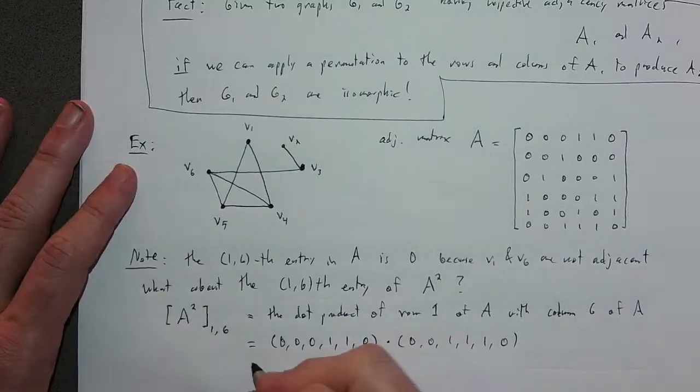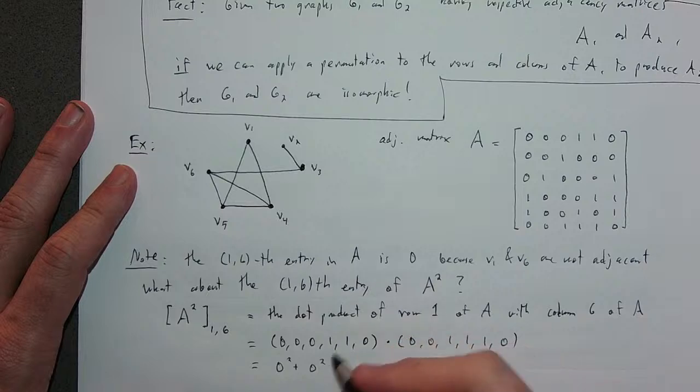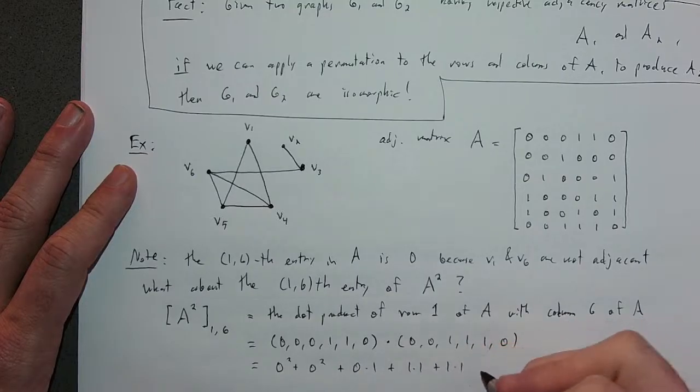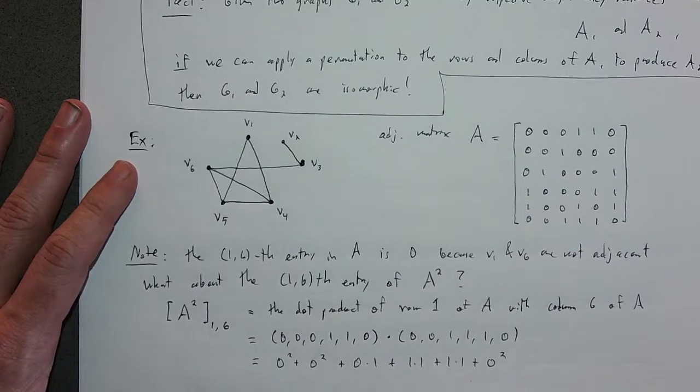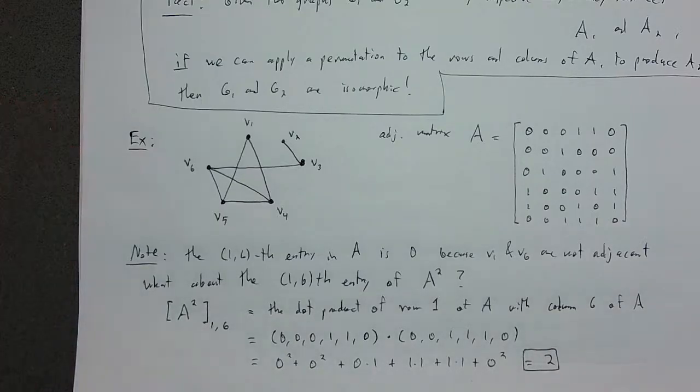Of course, this would be 0 squared plus 0 squared plus 0 times 1 plus 1 times 1 plus 1 times 1 plus 0 squared, which are all 0 except these two entries, which are just 1, so this is 2. So not surprisingly, when you multiply an adjacency matrix by itself, you get a matrix whose entries are not all just zeros and ones. That's fine. That's expected, right? You're dotting these things together. Of course, it's not just going to stay zeros and ones.